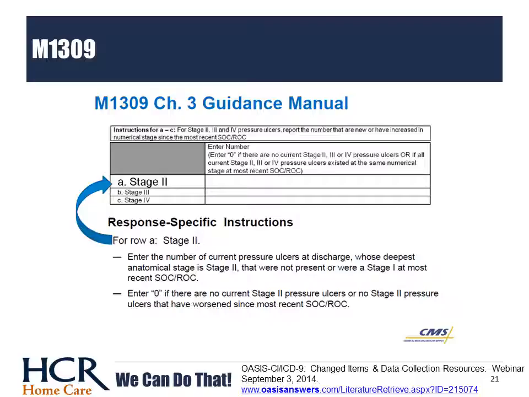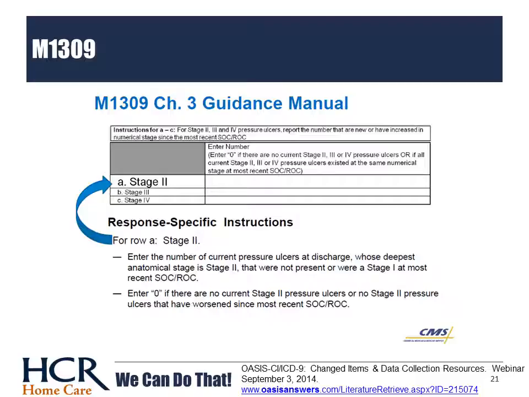It will also go on to tell you can enter a 0 if there are no current stage 2 pressure ulcers, or if all of the current stage 2 pressure ulcers existed at the same numerical stage at the most recent start of care or resumption of care.